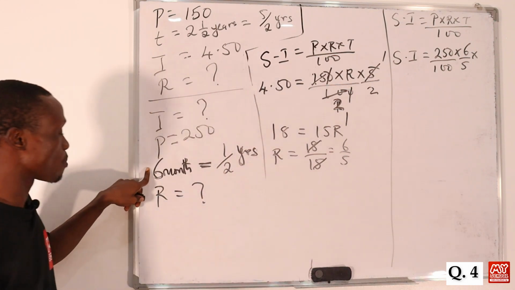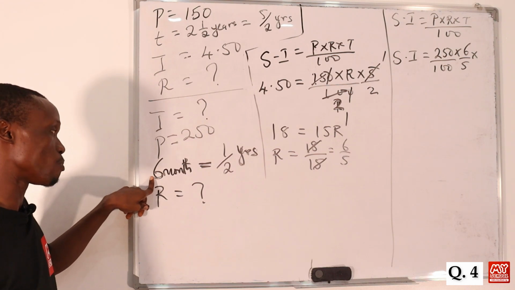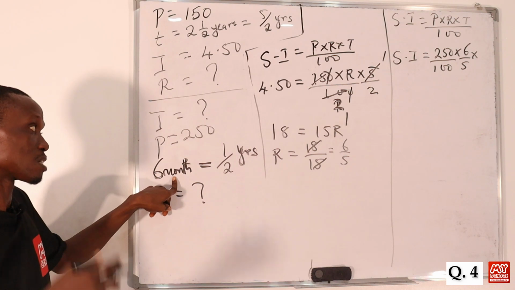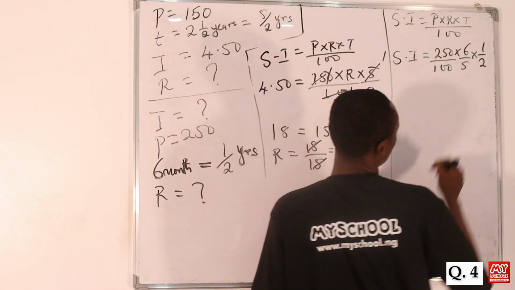Now remember that time is given to us in months, but we don't work with months. If we are given time in months, we usually convert it to years. Remember that 6 months is half a year, so we'll have 1 over 2.